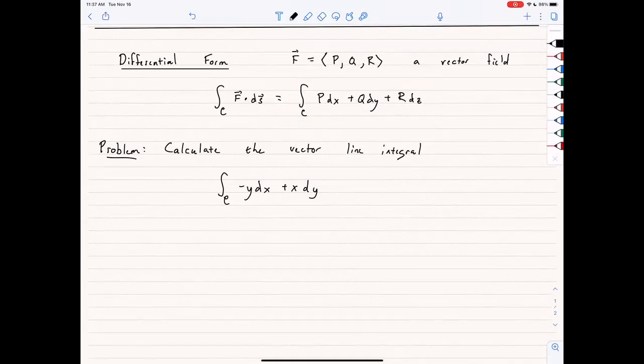So this will be over the curve, the circle of radius, let's say 3, centered at the origin. We need one more ingredient when we're doing vector line integrals, and that's an orientation. So I'll say moving counterclockwise.